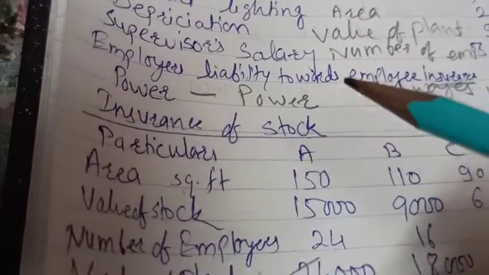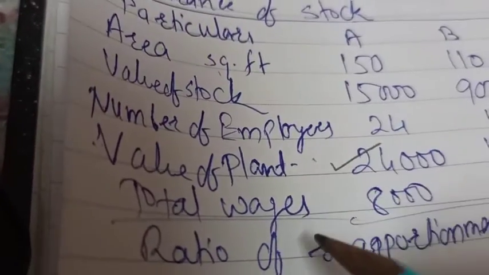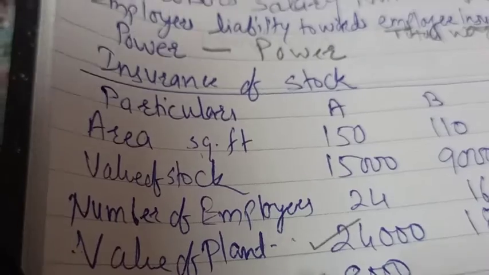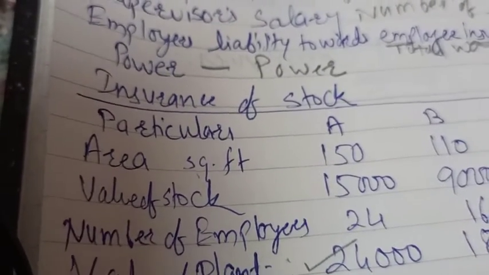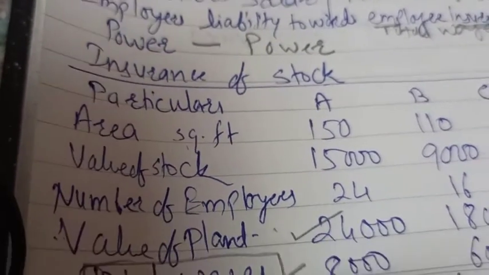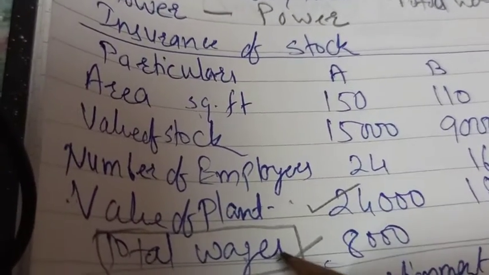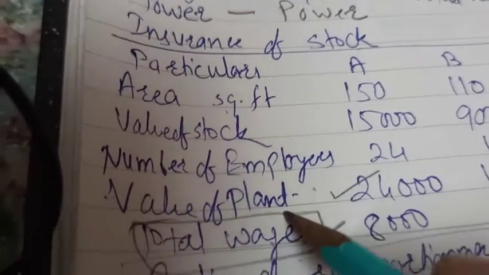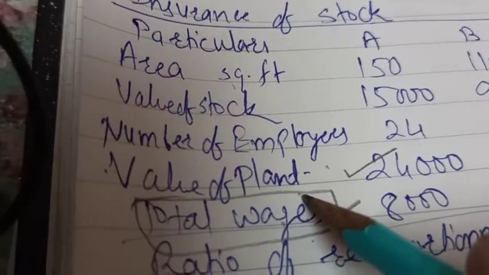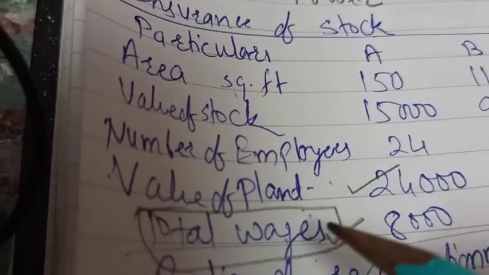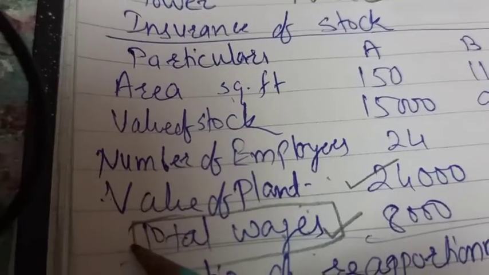Here you may get confused on this total wages. Sir, do we have to include total wages in overheads or not? But students, we are not going to include total wages into overheads. Why? Because these are total wages.